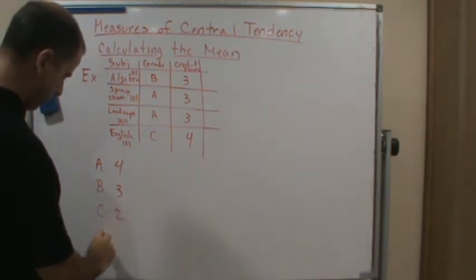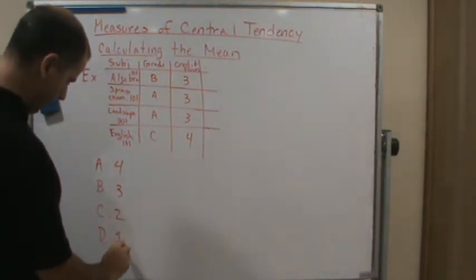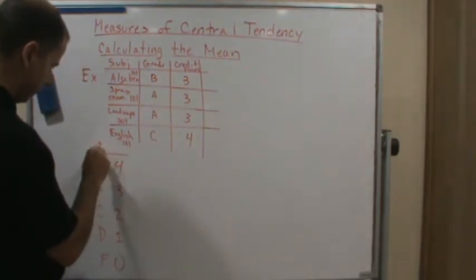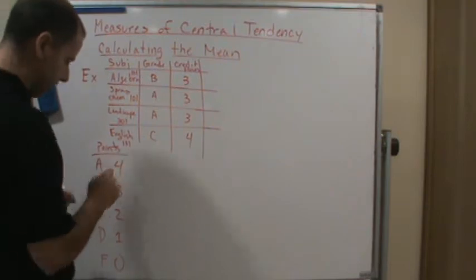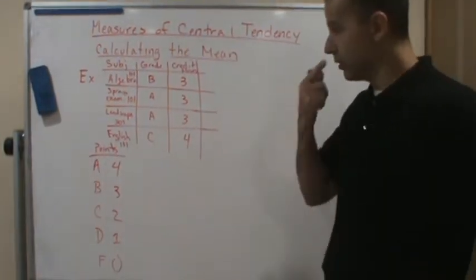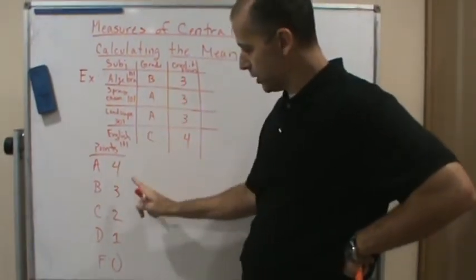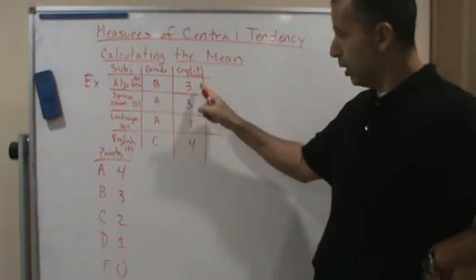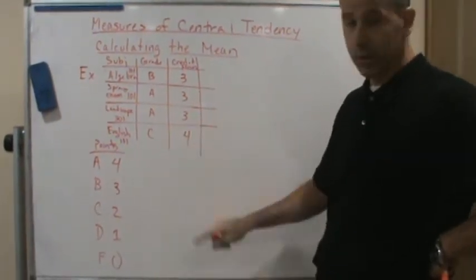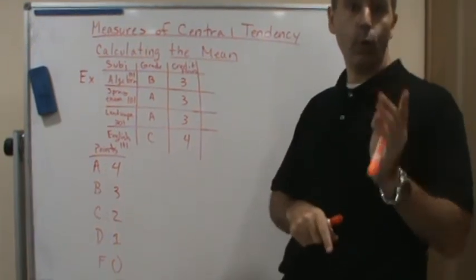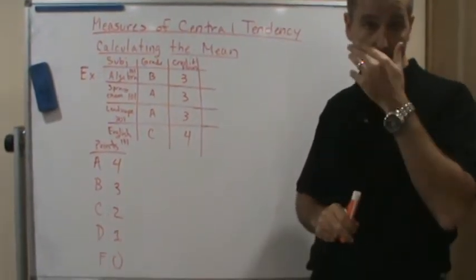So these are the points that you get for a grade in a particular class. Now each grade corresponds to a number of points, and then you multiply by the number of credit hours each class is. That gives you the total number of points for that class for the semester.